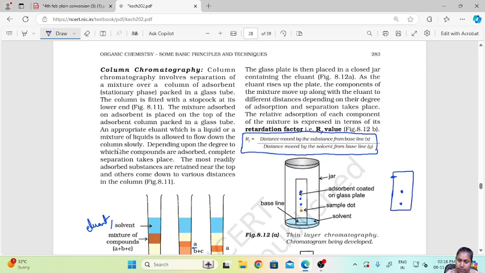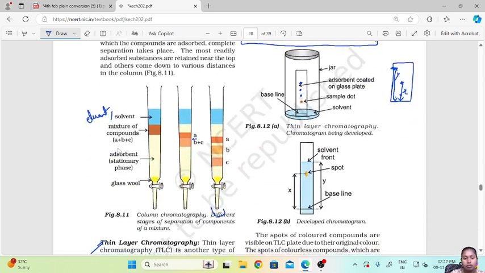Now from the baseline to your substance, this is the X value, and from your baseline to the point till where your solvent has moved, this is your Y. So distance moved by the solvent from baseline and distance moved by the substance from the baseline. You divide them and you will get the value of RF.